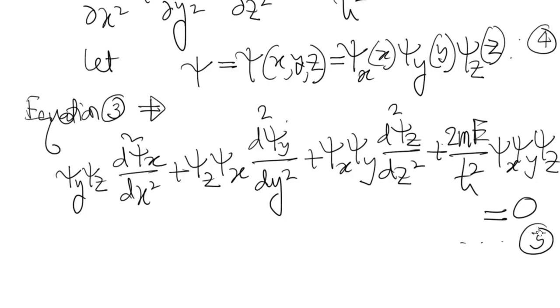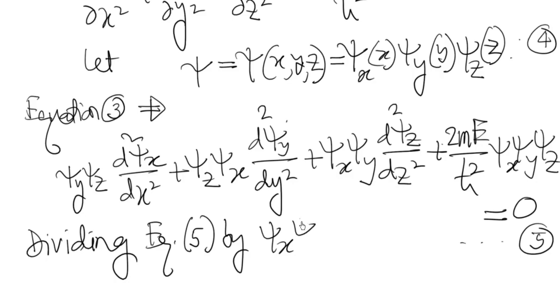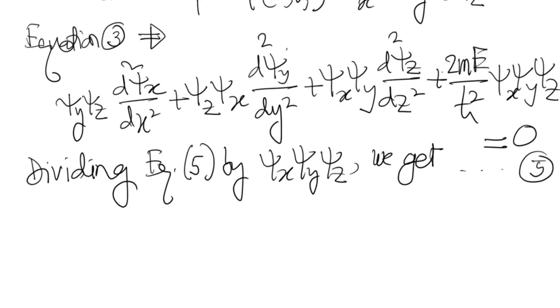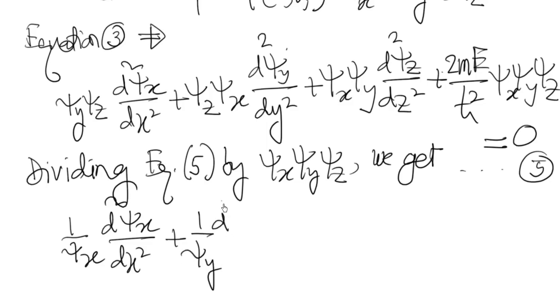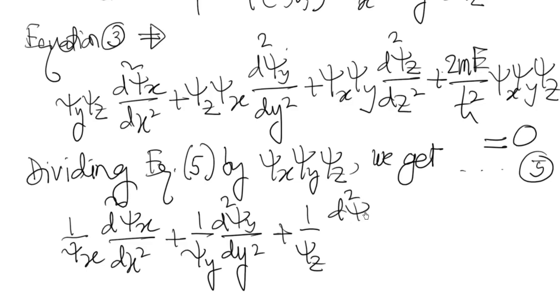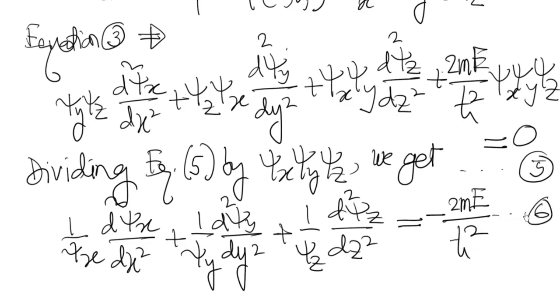Now we divide equation 5 by psi x, psi y, psi z. We obtain this, and we bring the last term to the right hand side. Let us say this is equation 6.